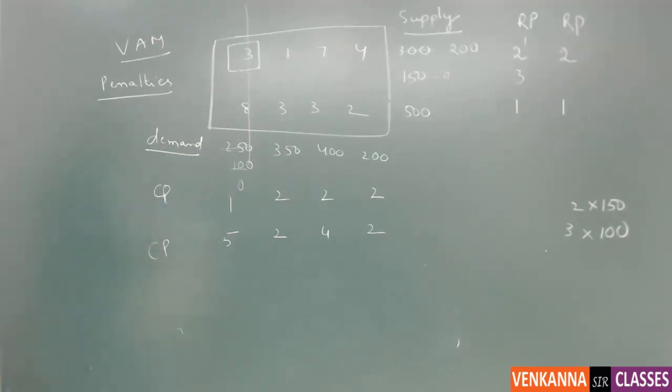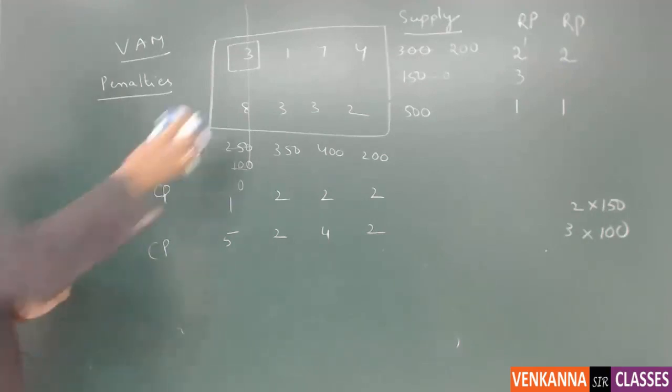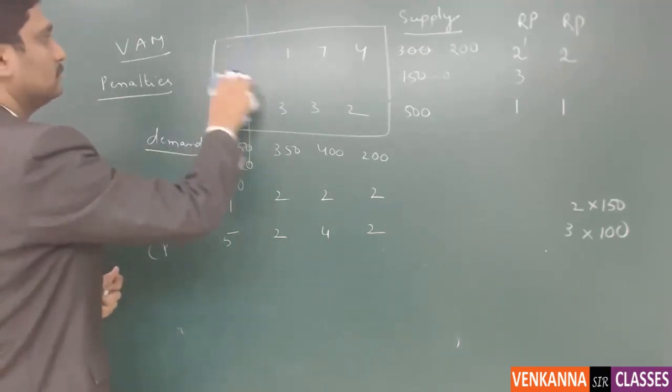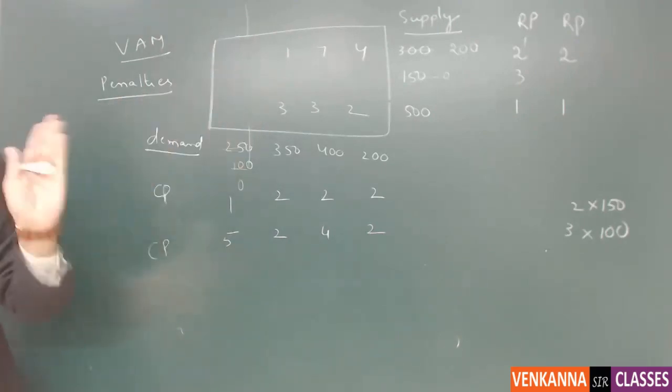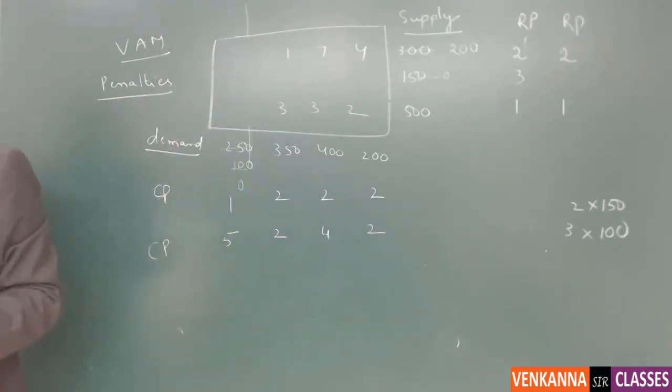Now I am going to erase this column then. This is the remaining part. Again, we are going to calculate the penalties. Fine. Now, you calculate the penalties and tell me where you have to move now.